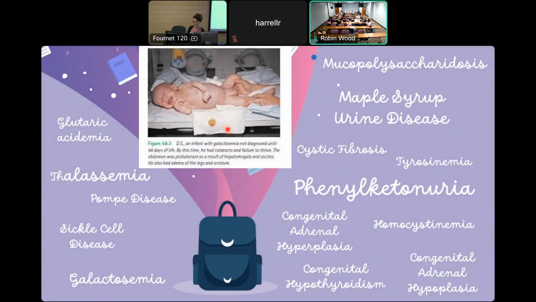I thought I'd throw in there, we need to make sure that they're tested after 24 hours, because they have to ingest the protein in order to have the enzymes build up. Yes, thank you, it has to be tested after 24 hours. So like I said, the newborn screen is typically done before discharge, but like she said, after at least 24 hours, and hopefully at that point they've had enough carb and protein, enough metabolic challenge, if you will, for those levels to build up and screen positive.